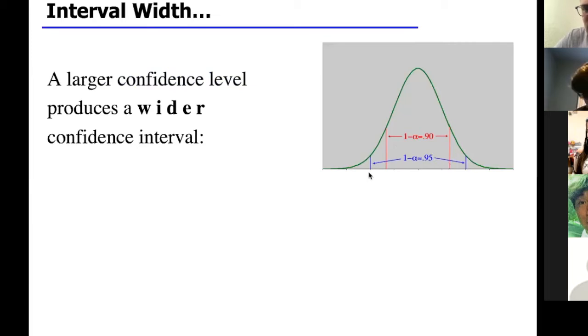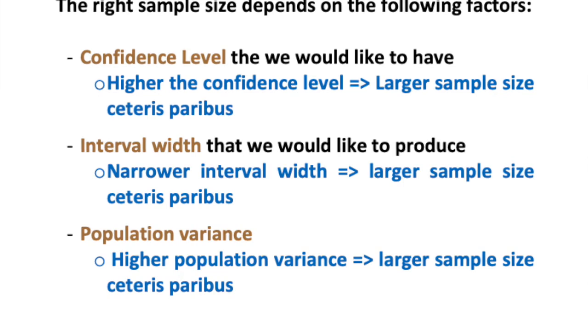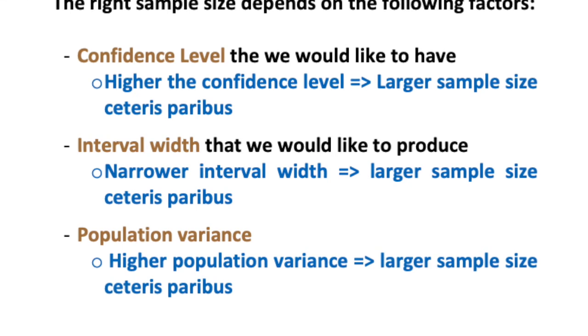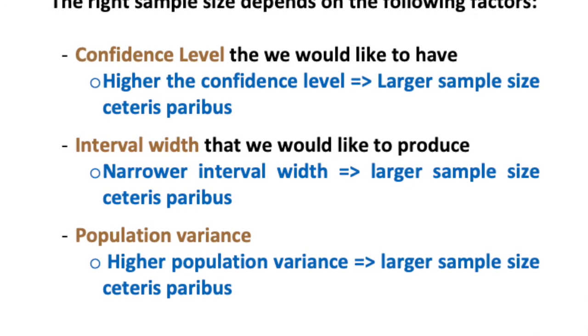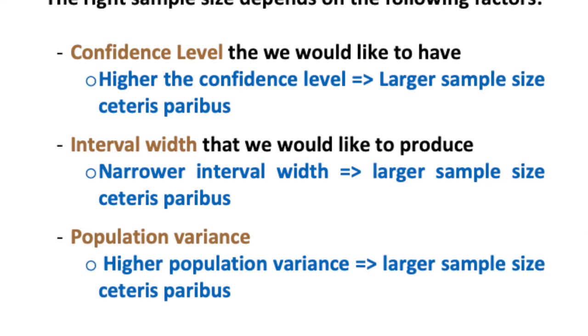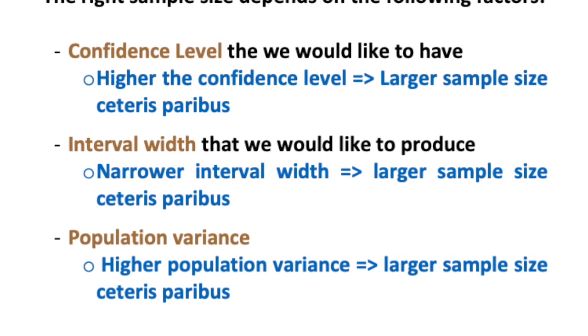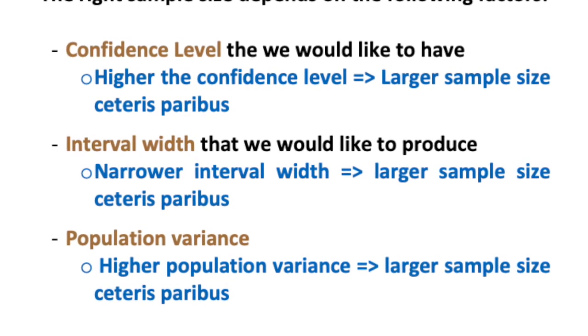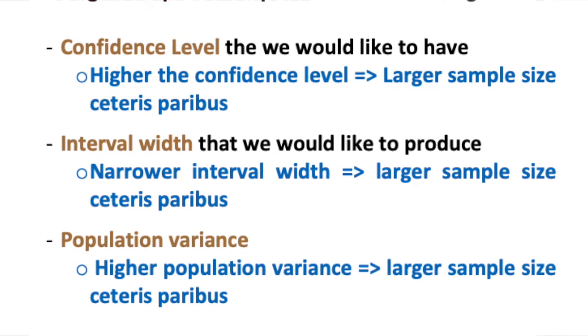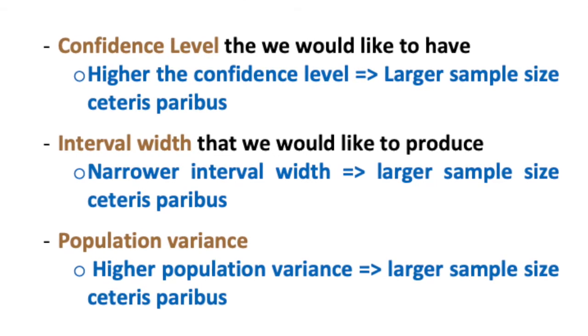We have to cut off smaller tails. We can cut off only 2.5% tail on each end. So what remains in the middle is larger. So we are looking at a larger interval, which is from the one blue line to the other blue line, versus a smaller interval from the one red line to the other red line if we decrease our confidence level from 95% to 90%.